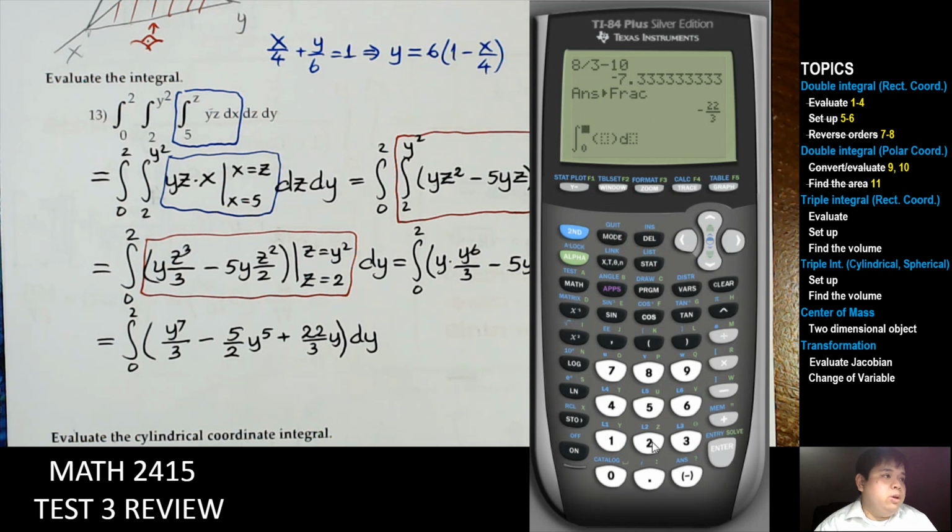From 0 to 2. That's fine. Minus 5 over 2.